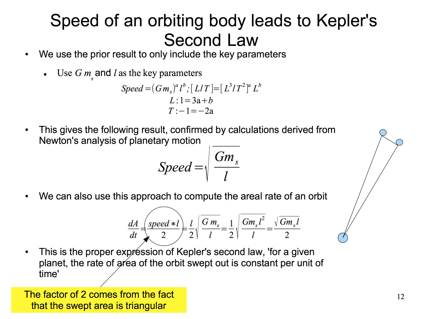We can go on to look at another of Kepler's laws, which is that the rate at which area is swept out by, here's the sun, for example, here's a planet, the rate at which this area is swept out is defined by this equation. Kepler found that.